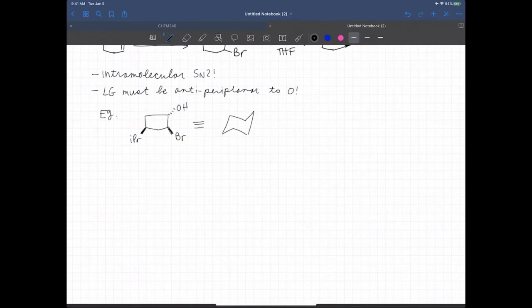And what you want to do is to draw this right here. Okay, so this is the alcohol, and this bromine. Hang on, let me see if that works better.